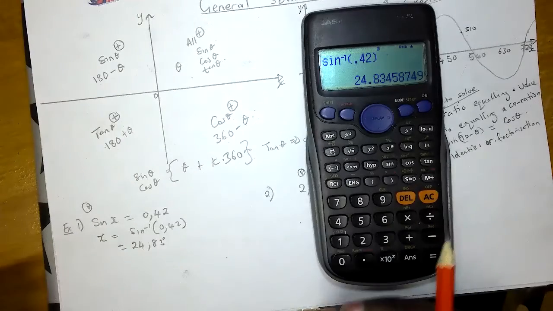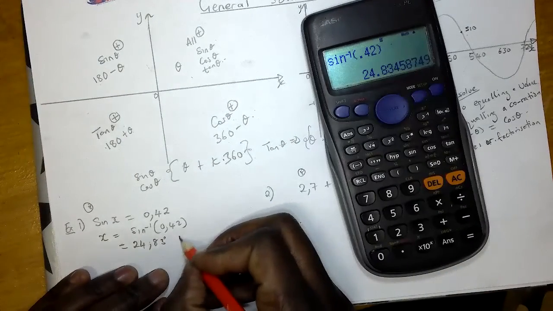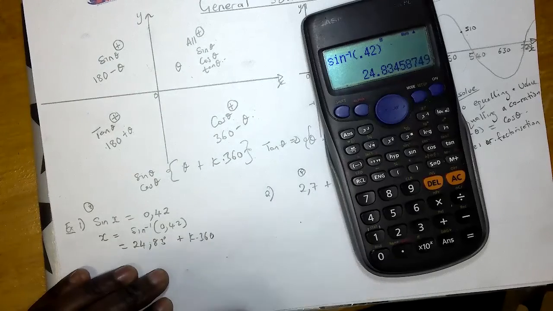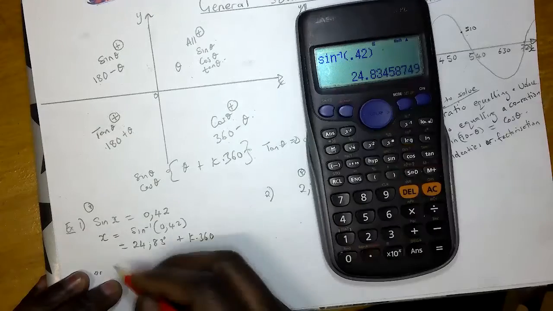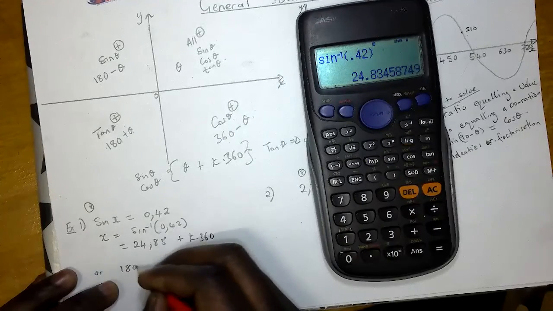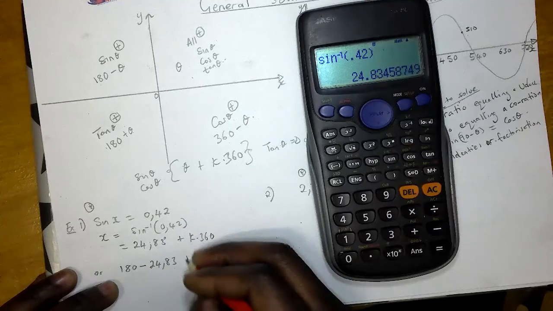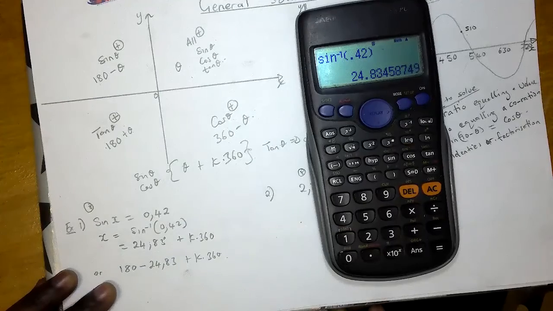What about the second angle? How do we get it? We know that the first one is going to be plus k times 360. The second angle is 180 minus 24.83 plus k times 360, because we are now looking at this angle in the second quadrant.